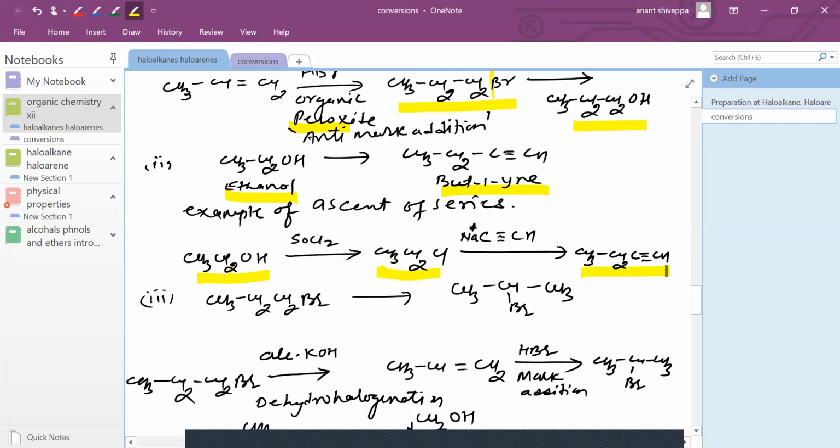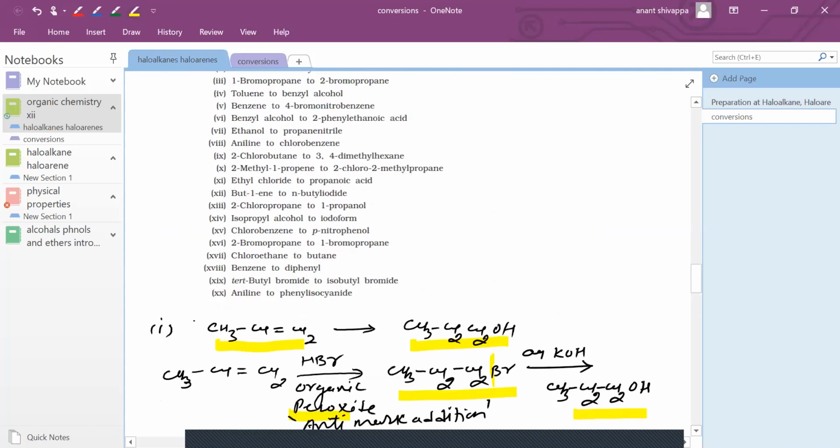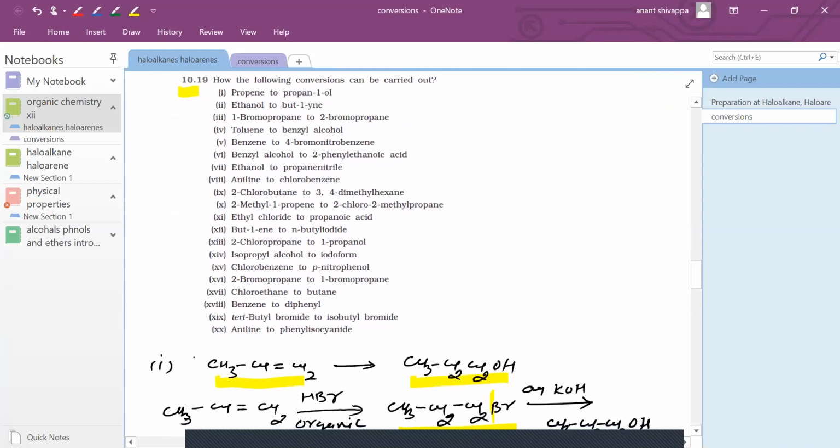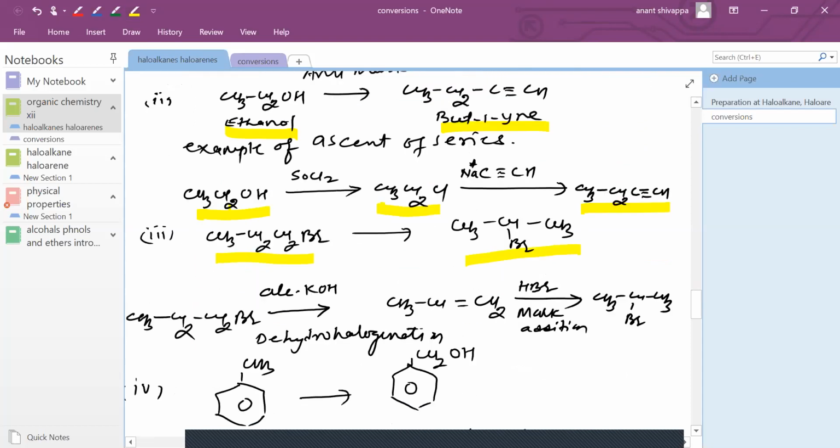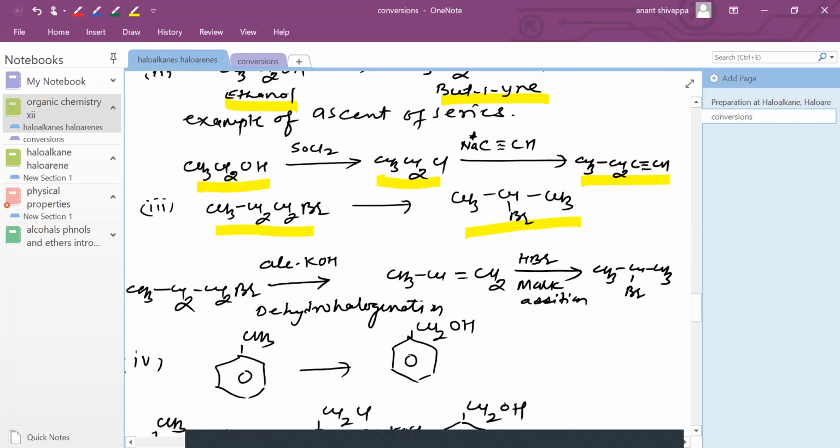Okay. Then the third question is 1-bromopropane to 2-bromopropane. So this is 1-bromopropane and this one is 2-bromopropane. So there is a change in the position of the bromine atom. So definitely it should be through Markovnikov addition because propene is an unsymmetrical alkene.